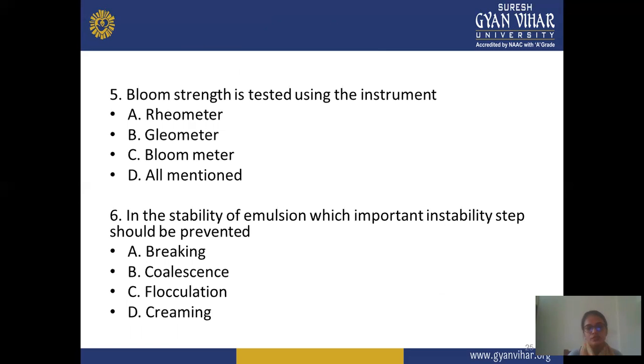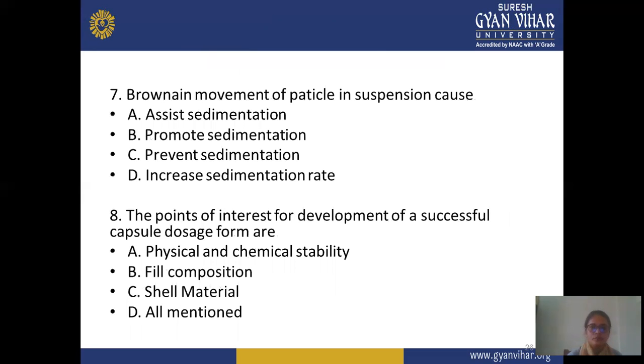C. Sixth question: in the stability of the emulsion, which instability should be prevented: breaking, creaming, flocculation, and phase inversion. Next, seventh question: Brownian movement of particles in suspension is caused by, A, assist sedimentation, B, promote sedimentation, C, prevent sedimentation, and D, increase sedimentation rate.